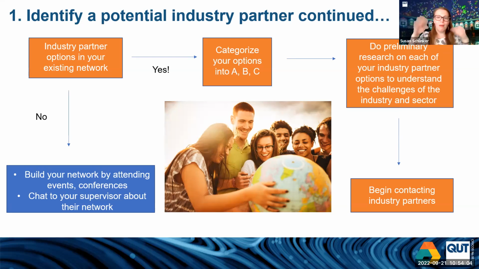You might be the most amazing researcher, the most amazing human being in the world, but if you're not able to demonstrate how you can be relevant and contribute to their organization, they're going to say no. So do the research, understand a little bit about each of them, and also some of the challenges. The reason it's good to understand the challenges is that that's often a stepping stone later into how you pitch an internship to the industry partner.